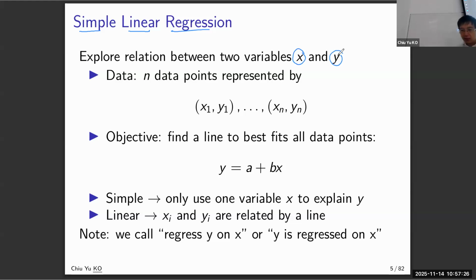So that means each observation in our data is represented by two numbers, X1, Y1. You can imagine X1 will be the education of guy number one, and Y1 is the income of guy number one. And Xn will be the education of Mr. N, and Yn will be the income of Mr. N. So each pair represents a single individual.